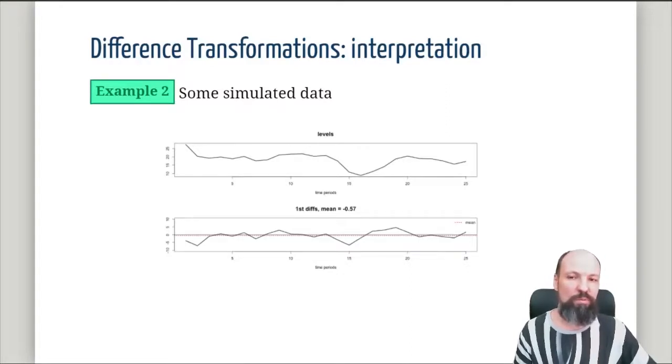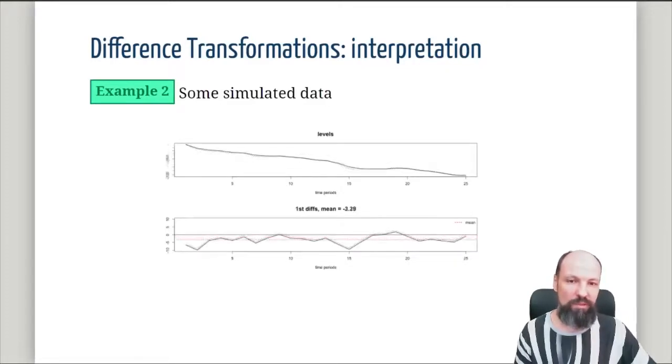So only looking at the original level's dynamics, you can already judge about the average level of the first difference, whether it's negative or positive. And same, but in the other direction.